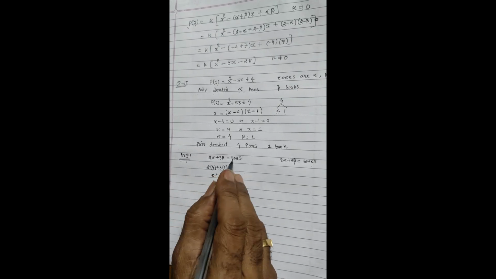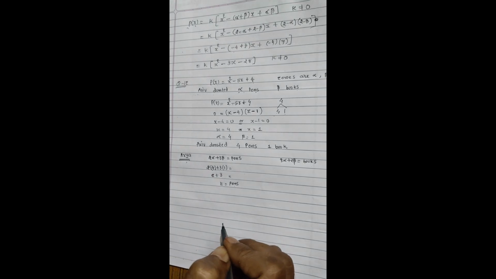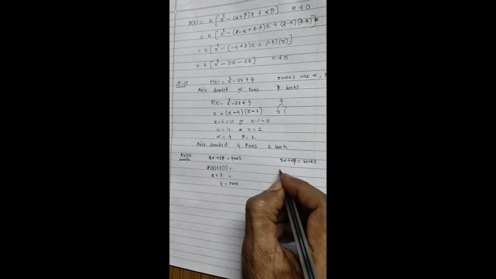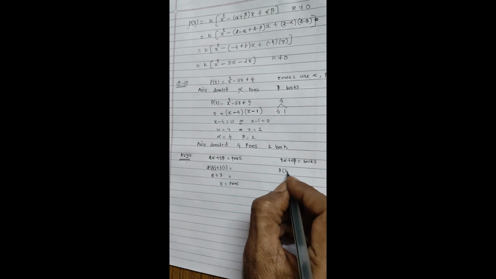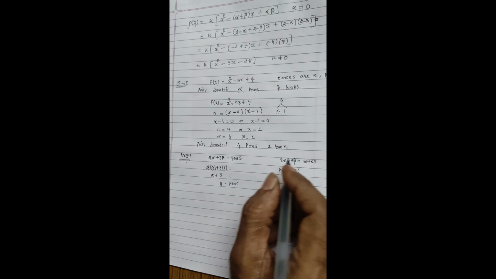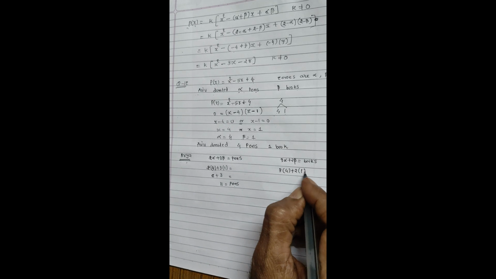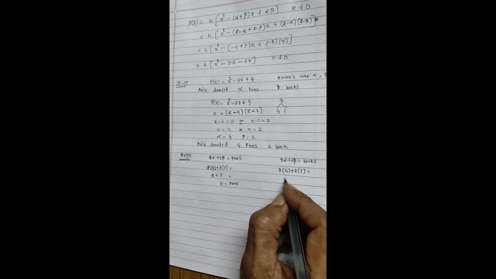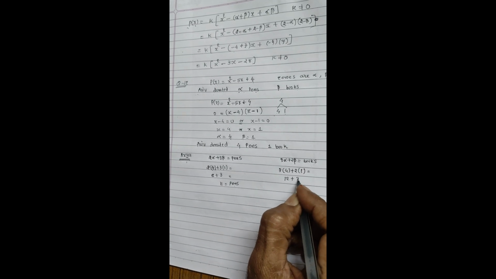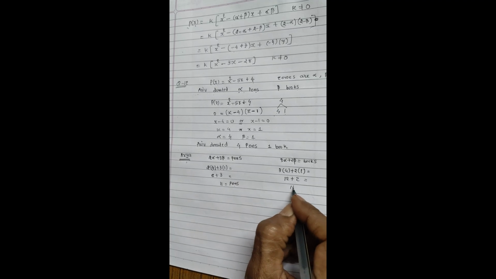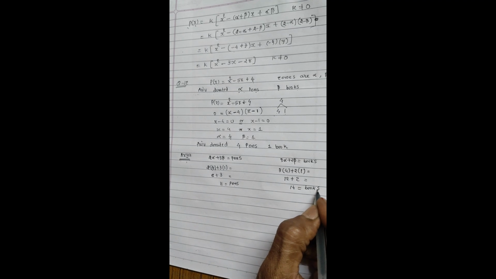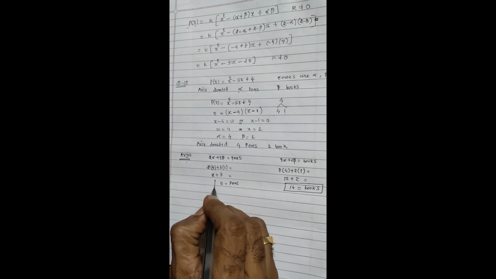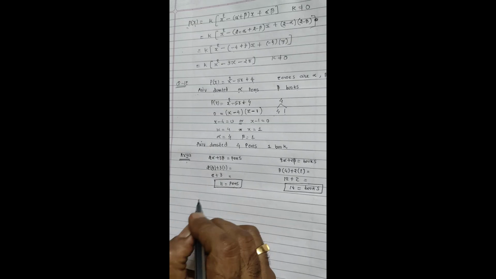So Arya donated 11 pens. 3 alpha, alpha is 4, plus 2 beta, beta is 1. 3 4s are 12 plus 2 1s are 2. 12 plus 2 is 14. 14 books were donated by Arya. Arya donated 14 books and 11 pens.